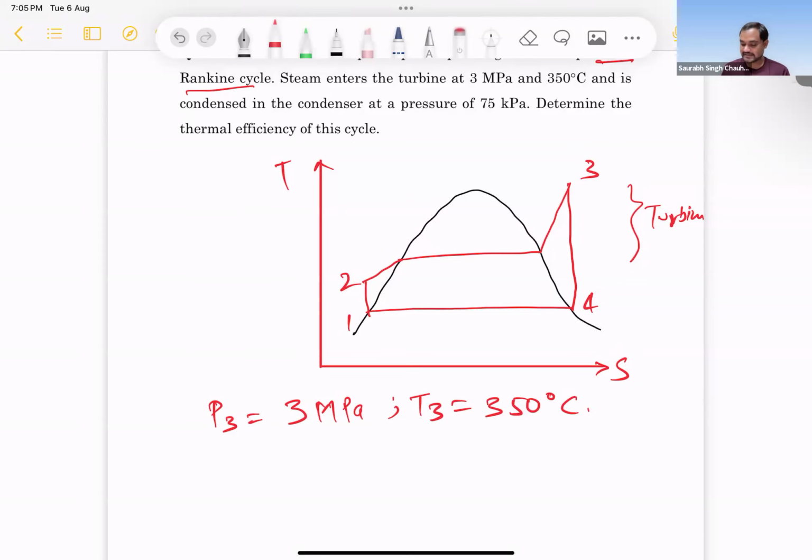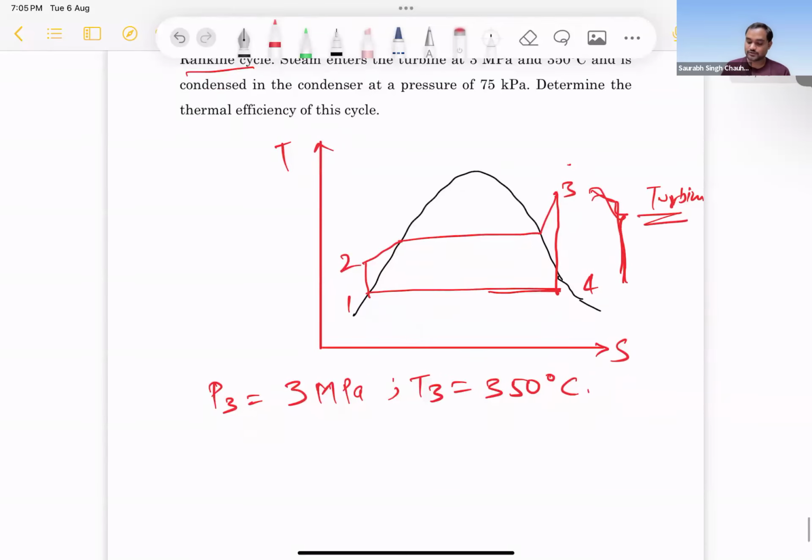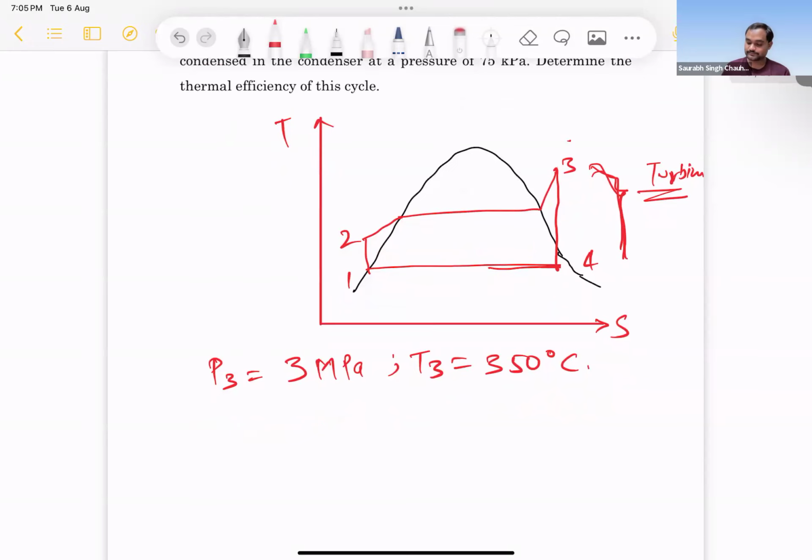So at point 3, two quantities are given, but at point 4, only one quantity is given. But to fix the state, we need two variables. So what should be the other variable? The other variable should be entropy.